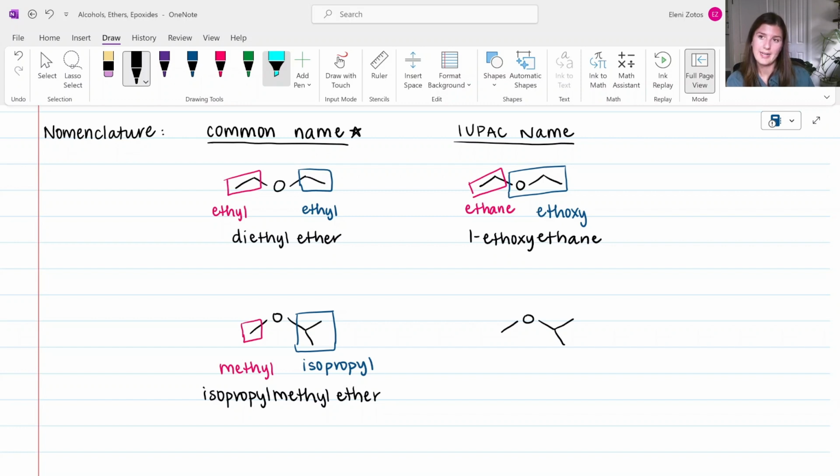For the IUPAC name, the first step is finding the longest carbon chain. And in this case, it is the isopropyl group. We have 3 carbons in a row, so that is the longest carbon chain. And then we have the methyl group as the substituent. Oh, sorry, not the methyl. We have to include the oxygen, so we have methoxy as the substituent.